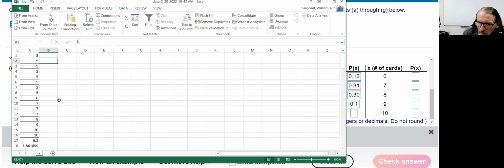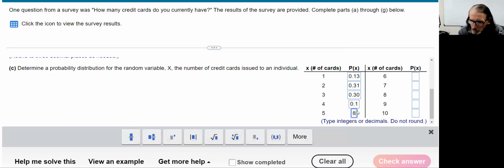Fives. Looks like we've got 8 there. 8 divided by 100, so 0.08 is what I should have.